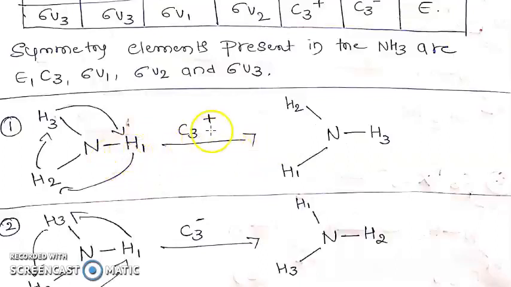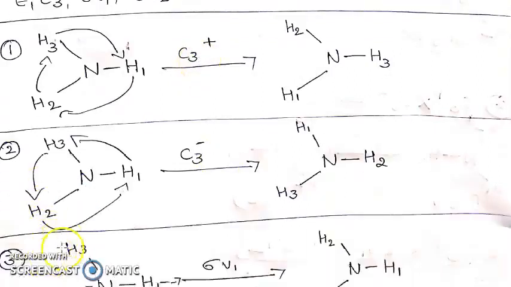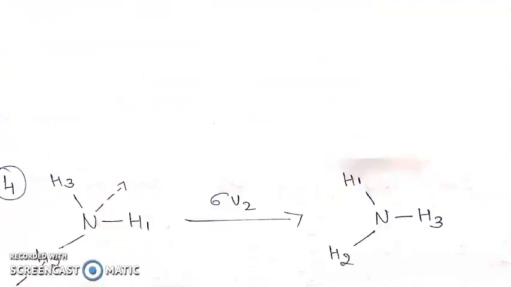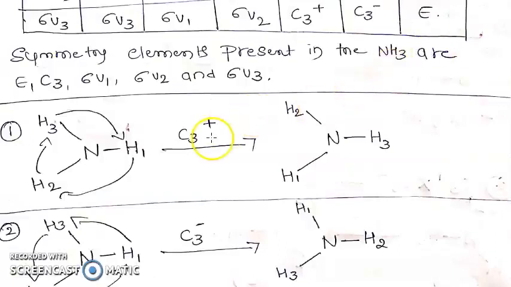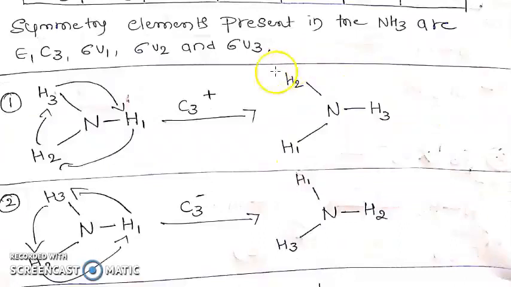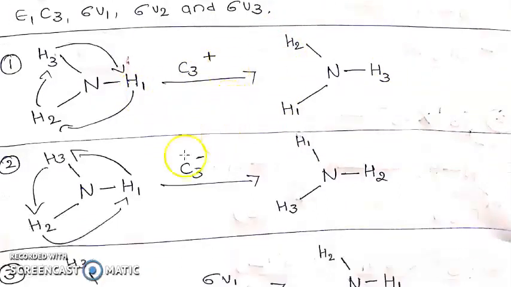Then if you carry out the C3 plus operation, meaning rotation by 120 degrees in the clockwise direction, the third hydrogen atom will shift here, the first one will come here, and the second hydrogen atom will shift here. We'll get this molecule after the C3 plus operation.